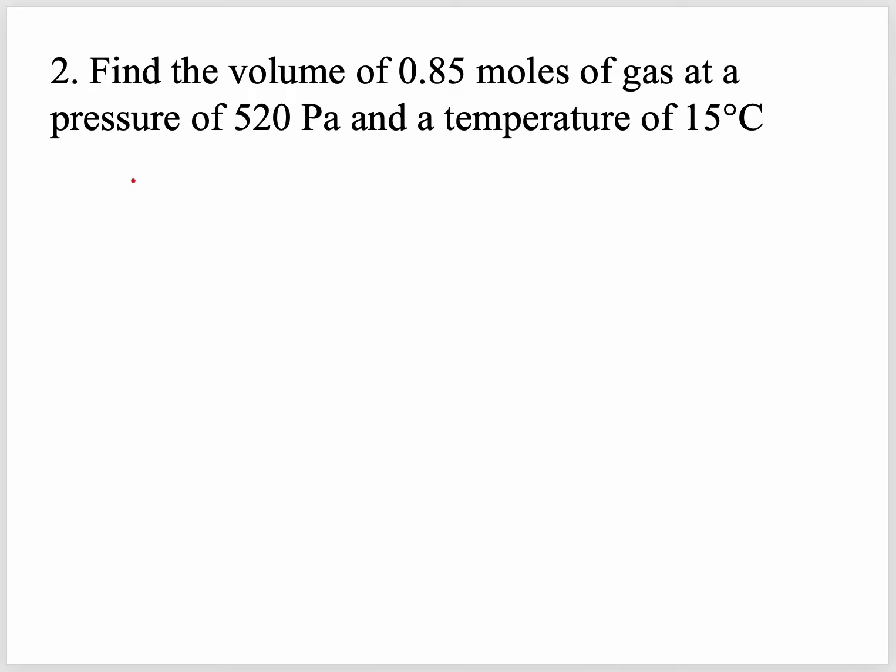Next, find the volume of 0.85 moles of gas at a pressure of 520 pascal and a temperature of 15 degrees. Again PV = nRT, and we need to find volume. Volume equals nRT divided by pressure. The pressure is given as 520 pascal, and we need to convert it to kilopascal, so it is 0.52 kilopascal.